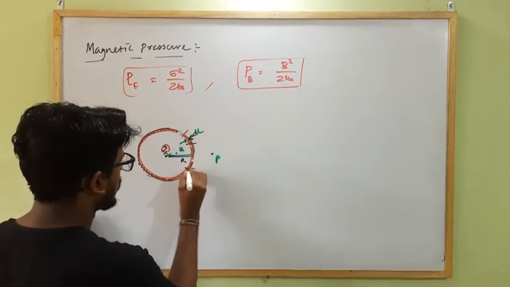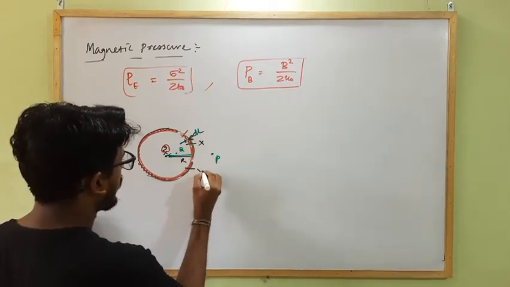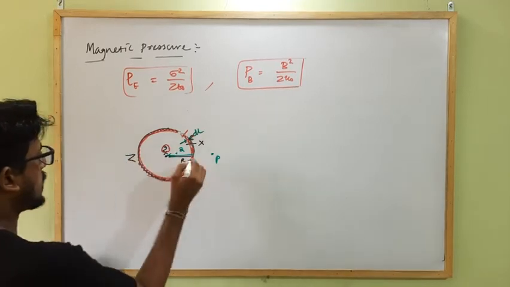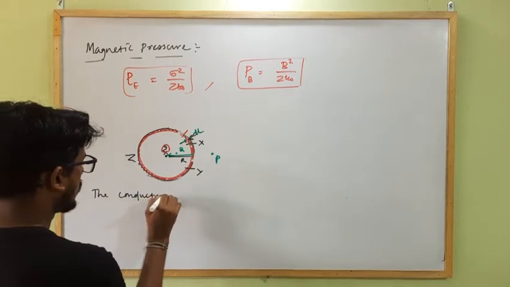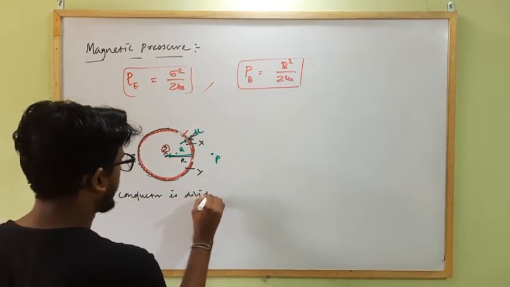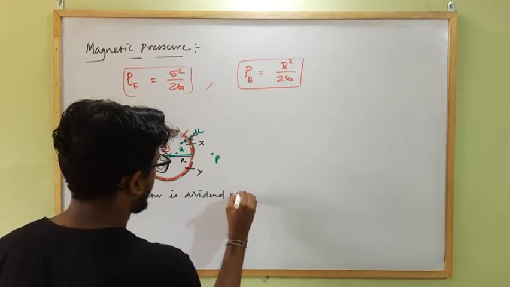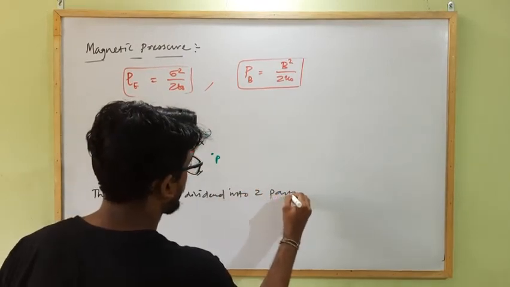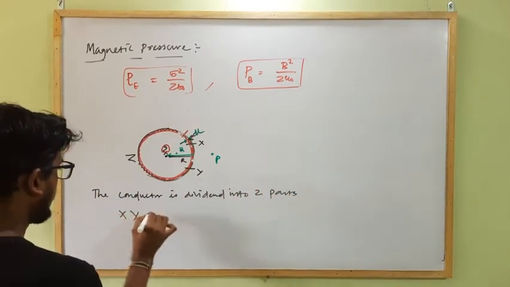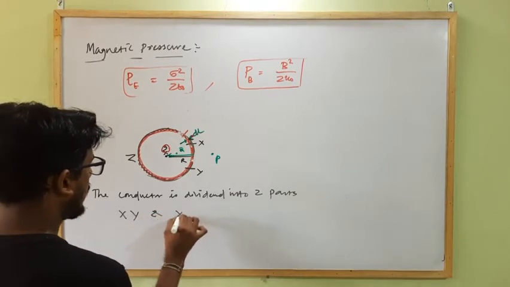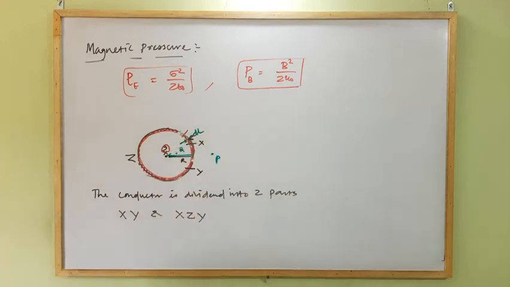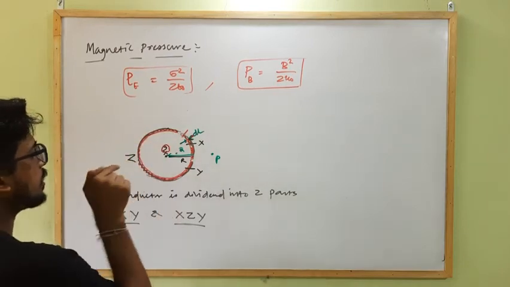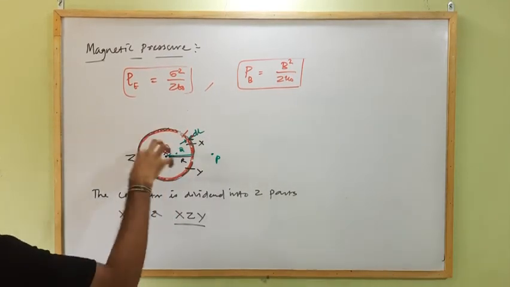Let this portion be xy and the remaining portion be xzy. The conductor is divided into 2 parts, xy and xzy. Here there are 2 parts, and the current in each portion goes through the plane perpendicularly.